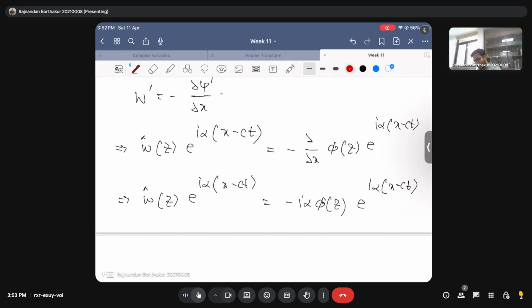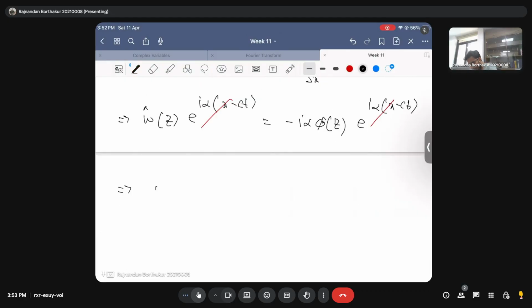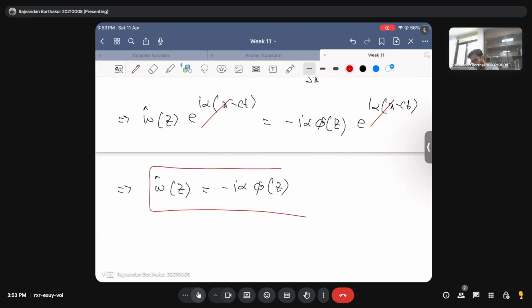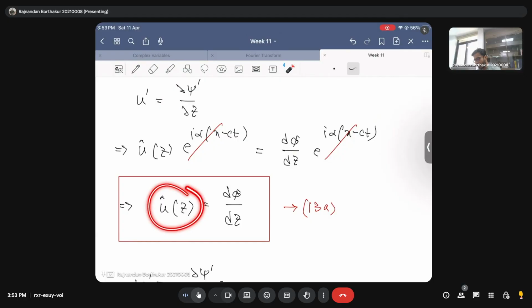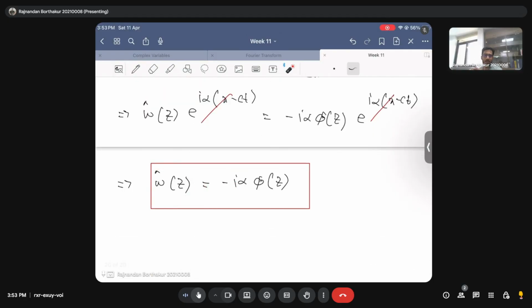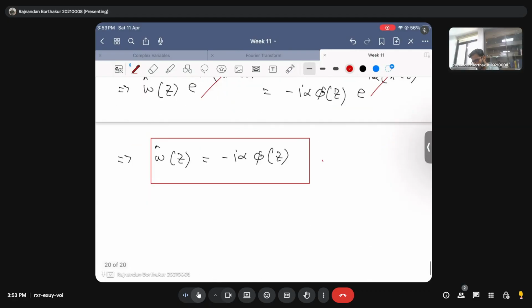Which means I can strike off this term, and then I can relate w hat of z with phi of z as minus i alpha phi of z. That's it. This means we have found a relation between u hat of z and w hat of z in terms of phi of z, which is the eigenfunction for the disturbance in the stream function. Maybe I'll call this 13b.